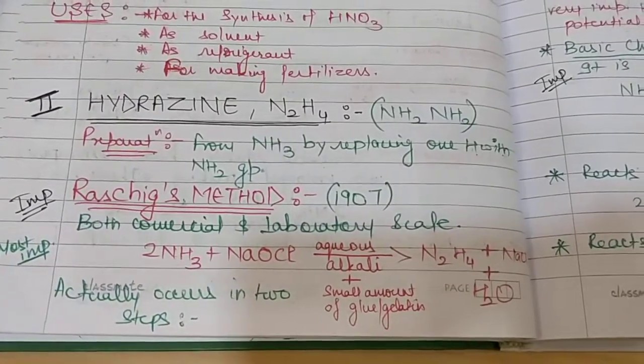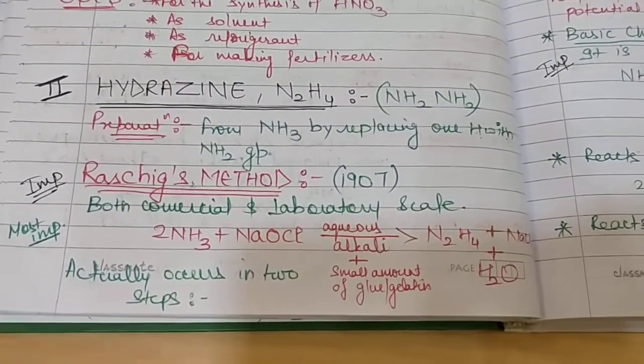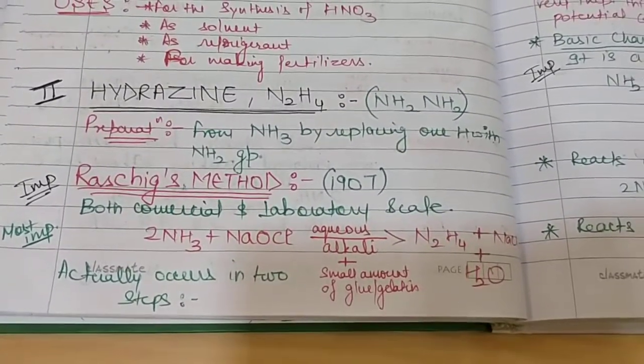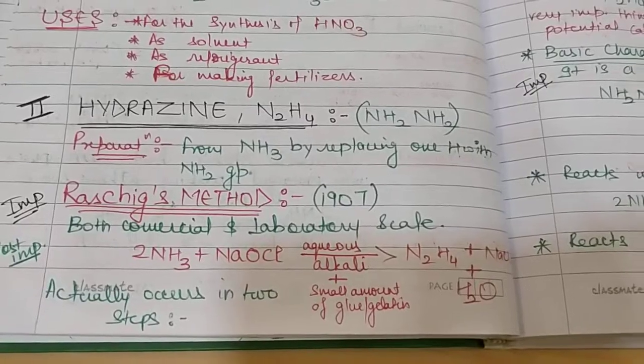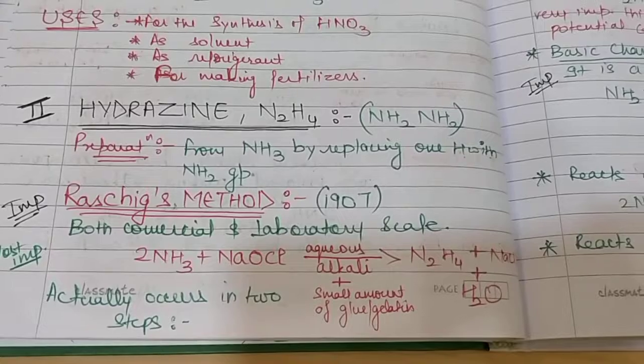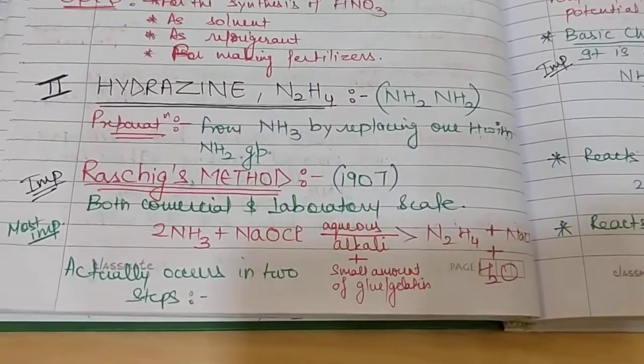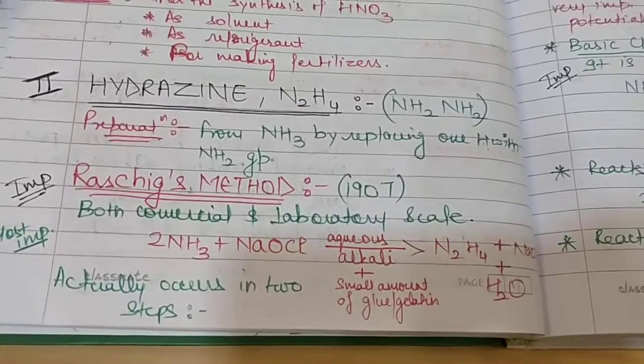So in this reaction, ammonia is reacted with sodium oxychloride, or we can say sodium hypochlorite, and we get hydrazine as a product in the presence of aqueous alkali and a small amount of glue and gelatin. This reaction actually takes place in two steps.